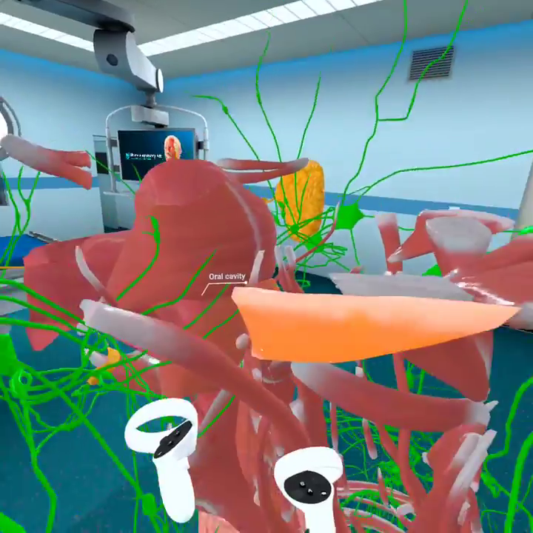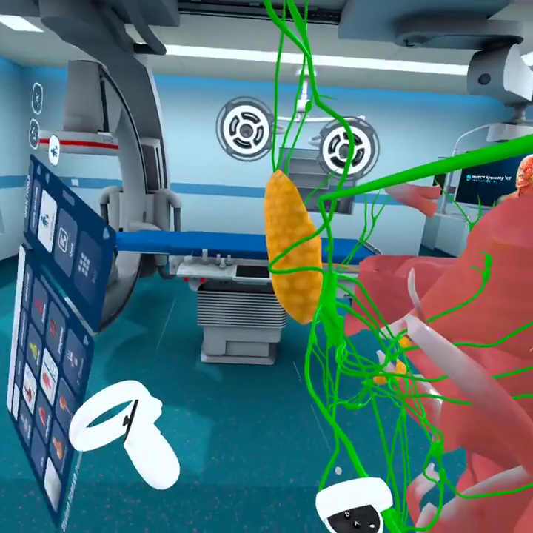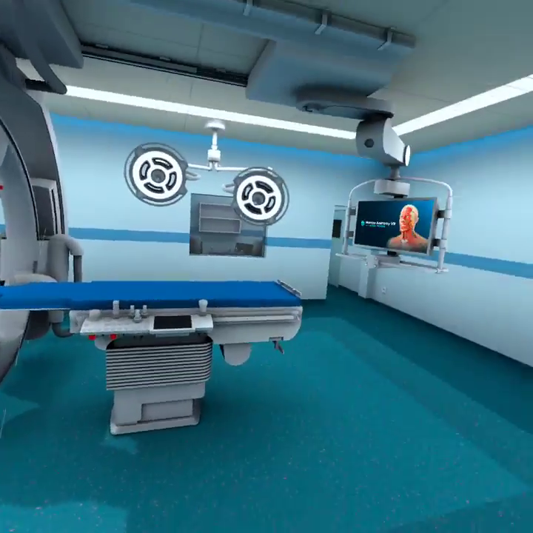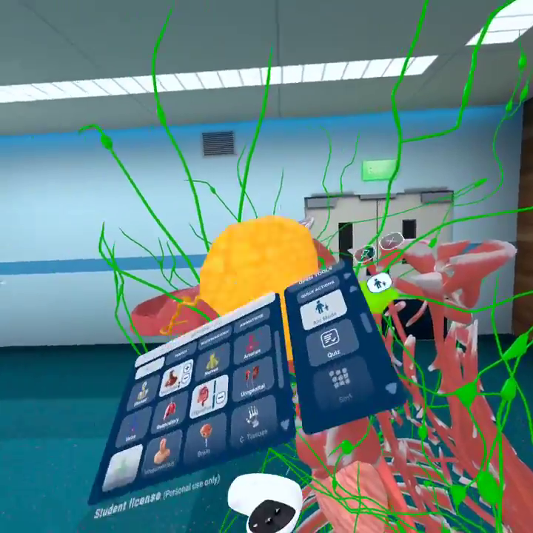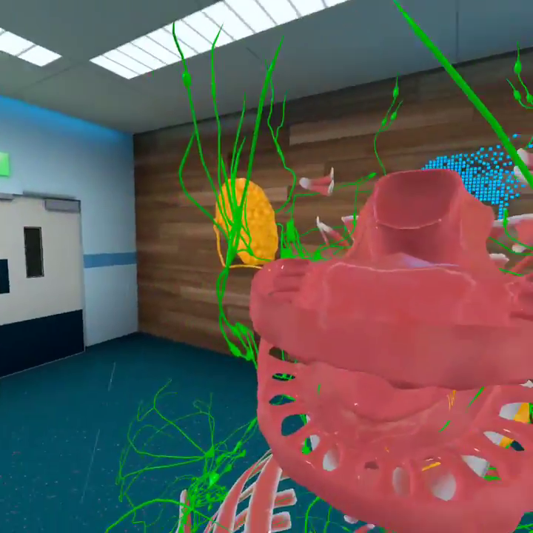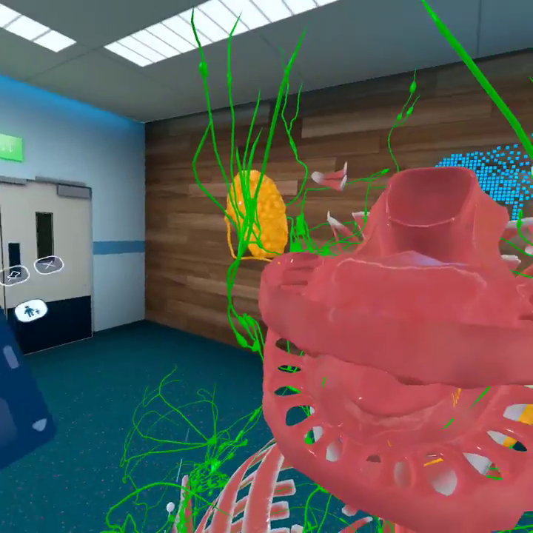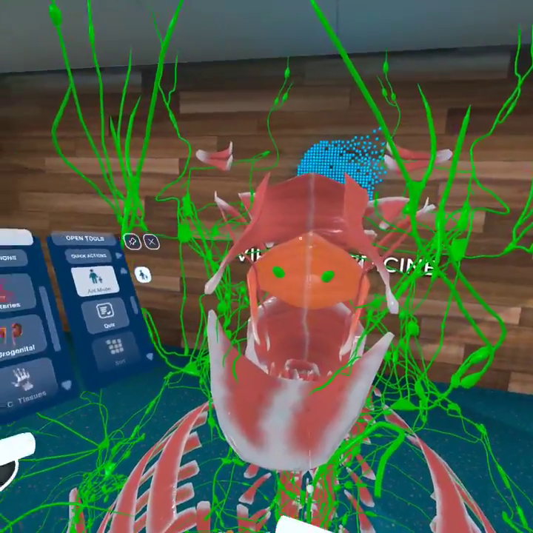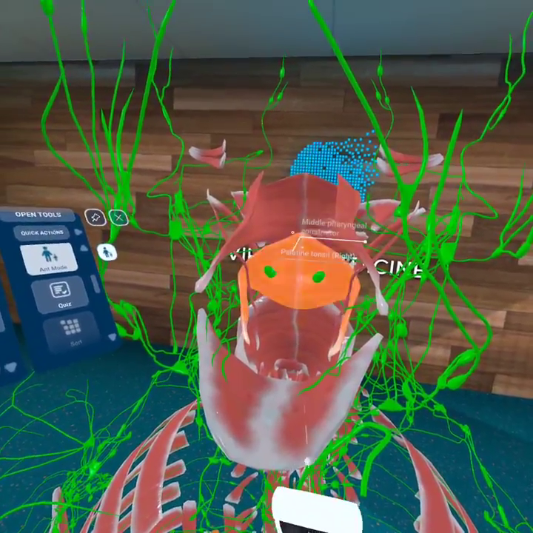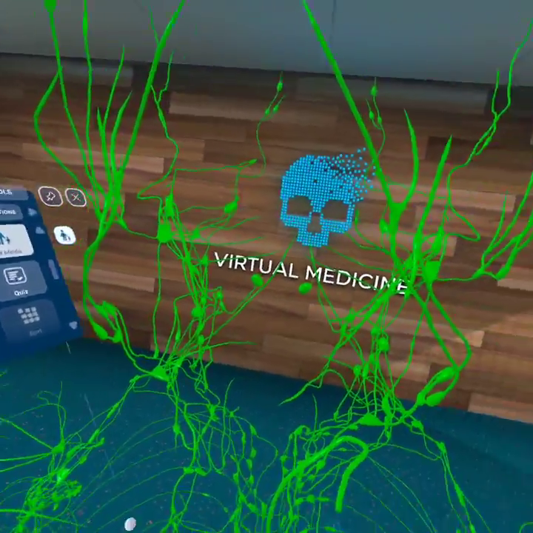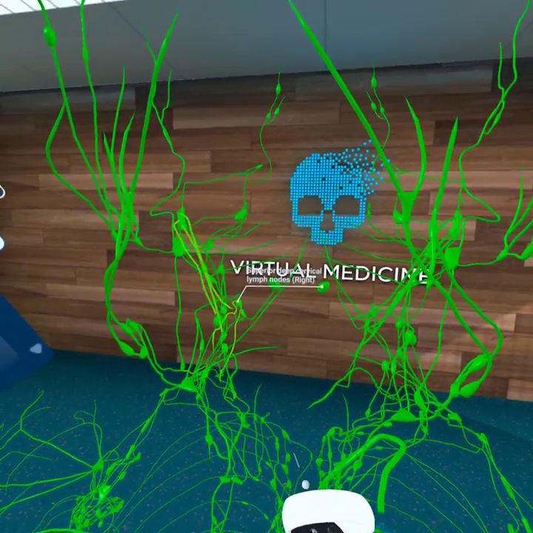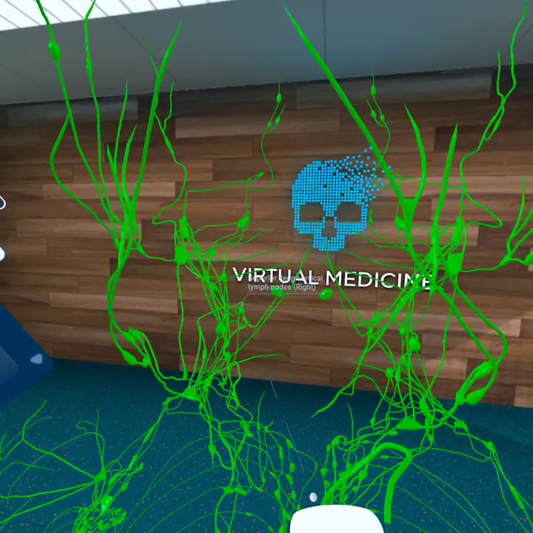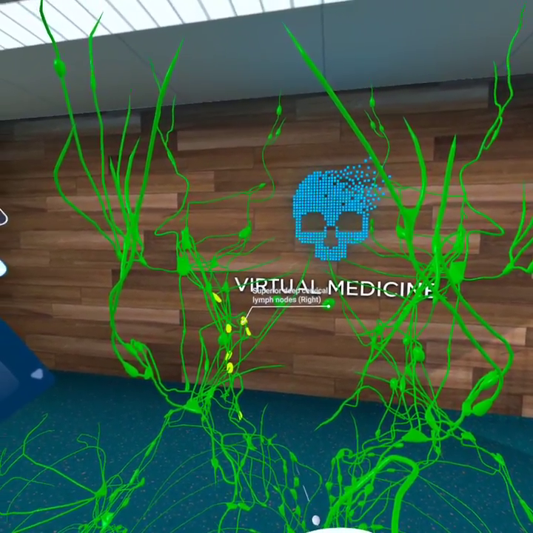So, if we can orient ourselves, where did I go? All right, there I am. I'll take you away. Palatine. We take the muscle away and we'll look superior, deep cervical lymph nodes.